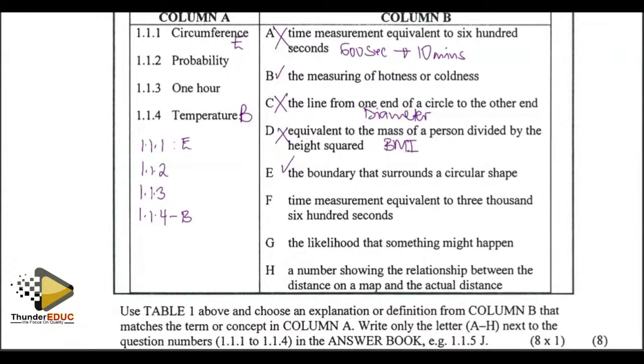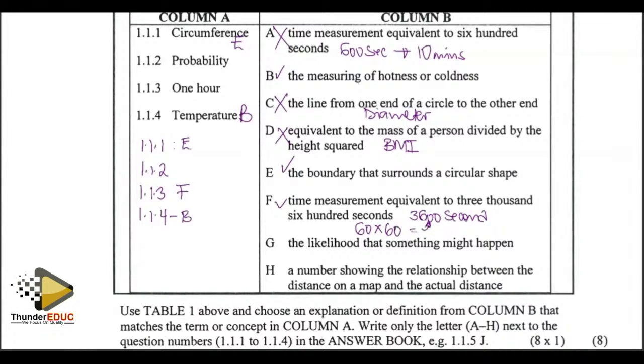We write it like this. Indeed, this is 1 hour, which is 1.1.3. Because we remember an hour has 60 minutes, we multiply by 60, we end up having this much.